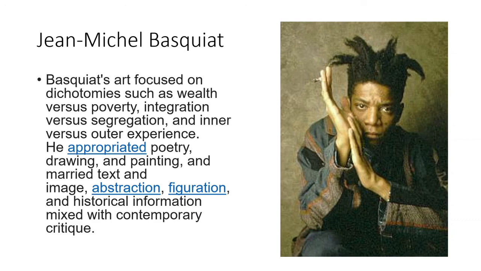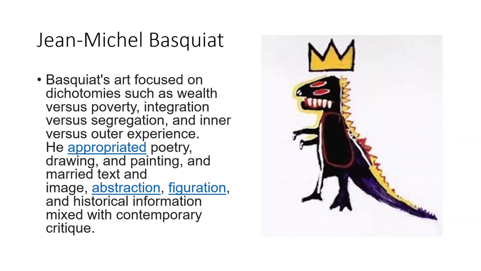His art focused on dichotomies such as wealth versus poverty, integration versus segregation, and inner versus outer experience. He appropriated poetry, drawing, and painting and married text and image, abstraction, figuration, and even historical information mixed with contemporary critique. His stuff had all of it.